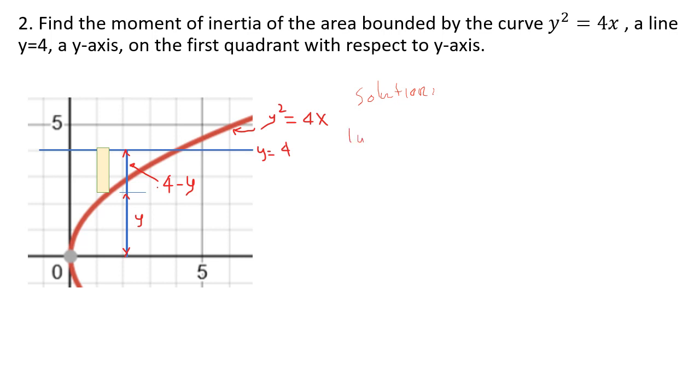I sub y equals the integral from 0 to 4 of x squared times (4 minus y) dx, but y equals the square root of 4x, equals 2x to the power 1/2.